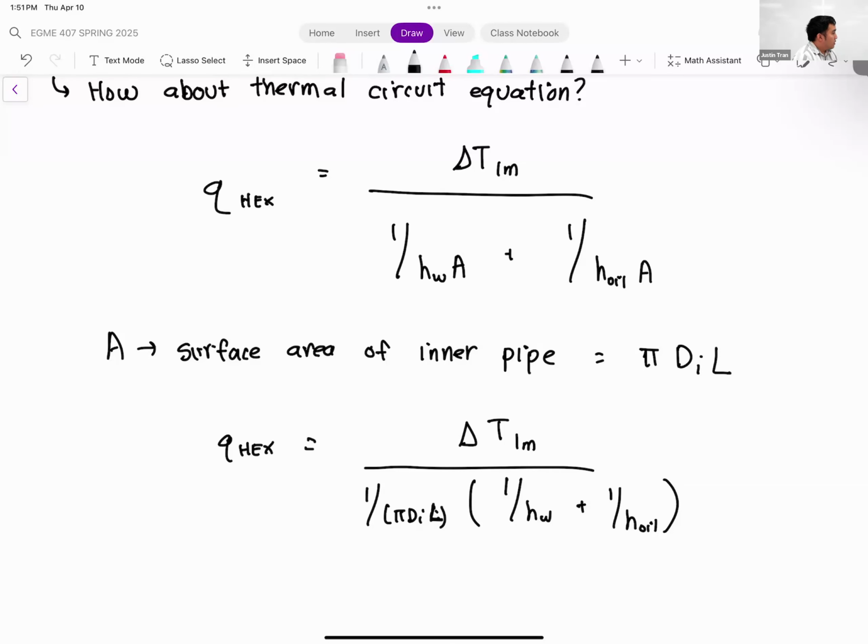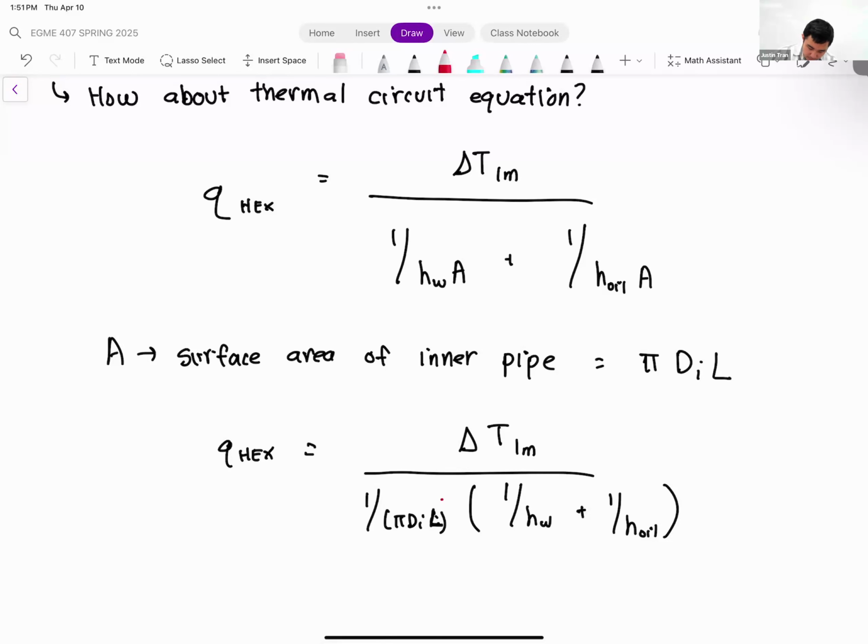And if we look at this equation, we actually have an expression here that has the length of our heat exchanger. So that means we're going to have to involve this equation in some way in order to compute the length, because that's the only way it's going to show up, if we have this formula here.